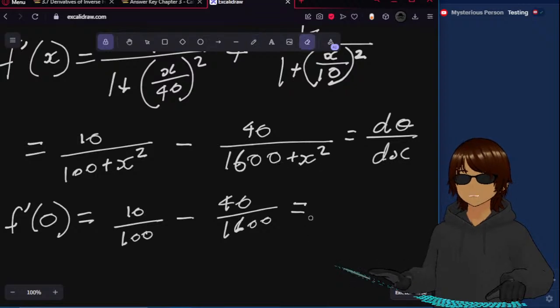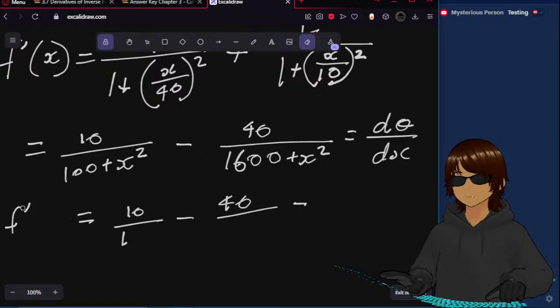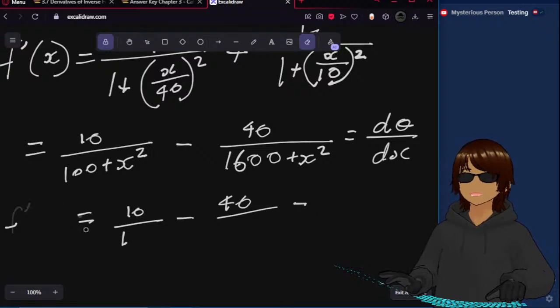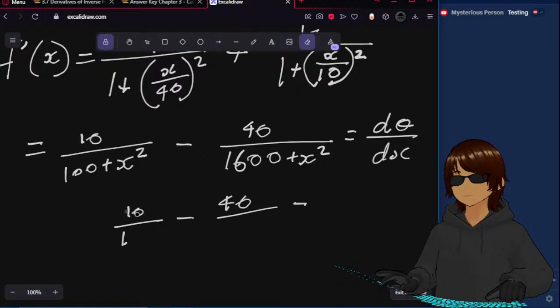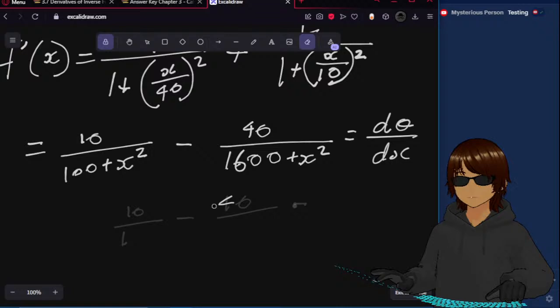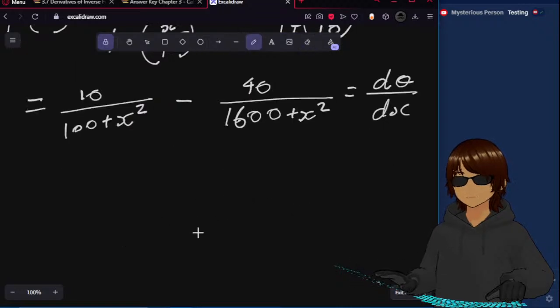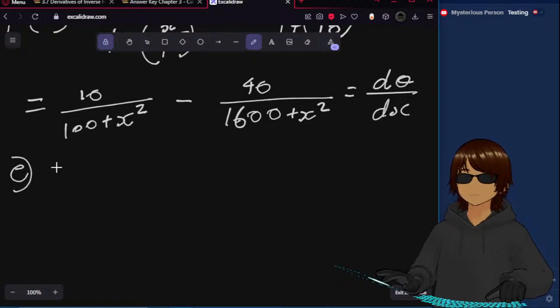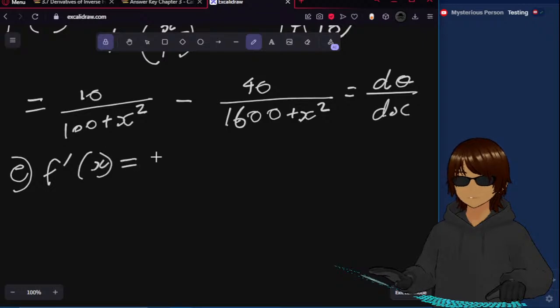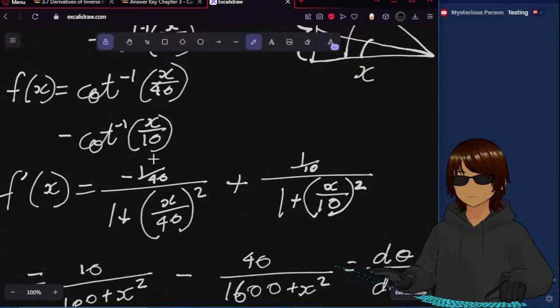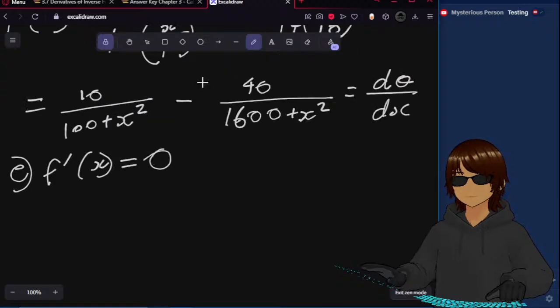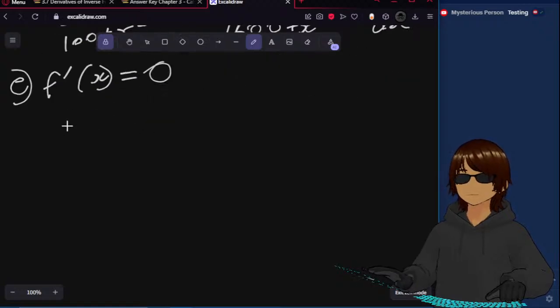Nope, made a mistake. I'm finding the derivative at 0. I mean when derivative is equal to 0. That's when these two are equal.